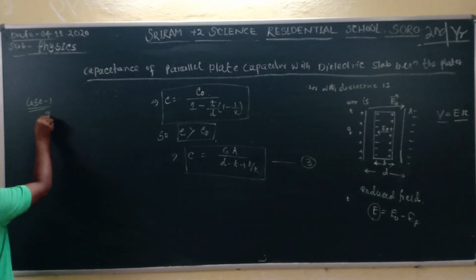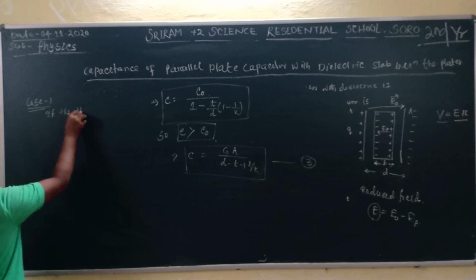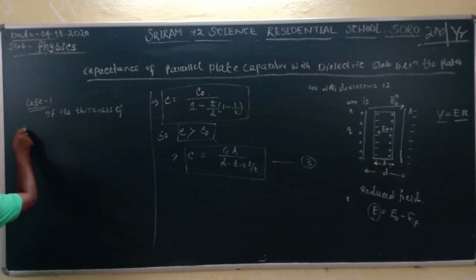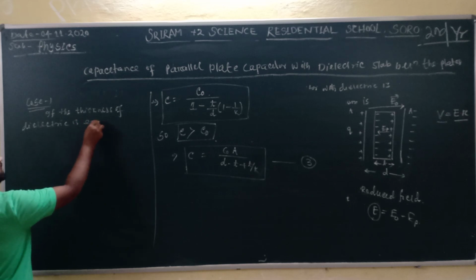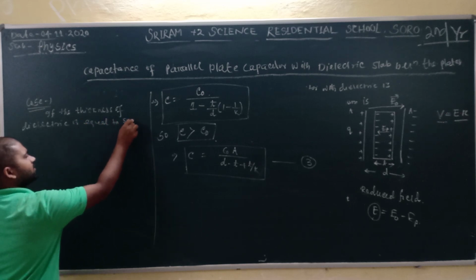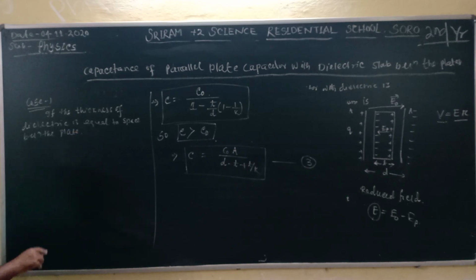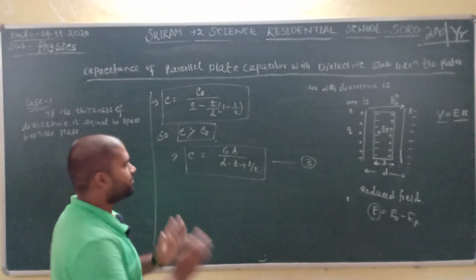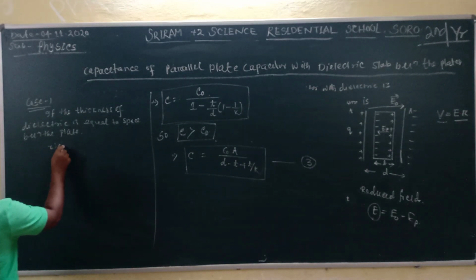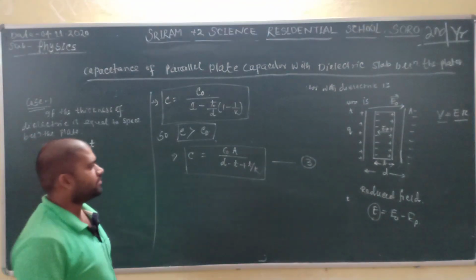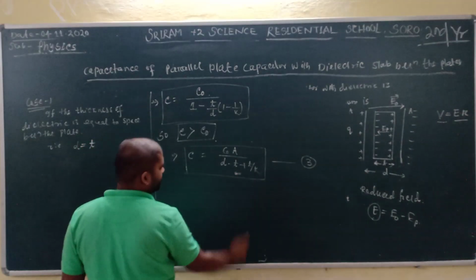Case 1: if the thickness of dielectric is equal to the space between the plates, means the dielectric slab totally covers the space in between the plates, that is D equals T, then what happens if you substitute here?